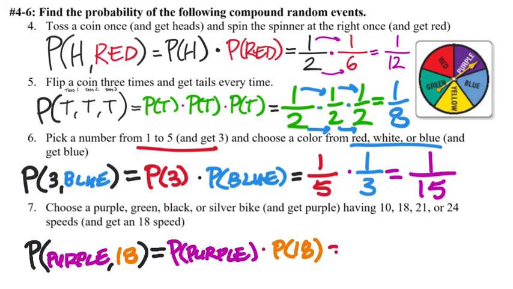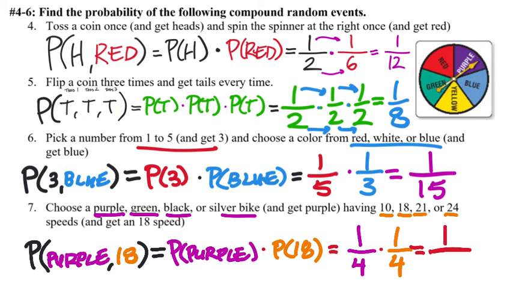And all we're going to do is multiply these together. That's it. Okay. So the probability of purple, again, as a fraction, purple is only one of the colors out of 1, 2, 3, 4 different colors on that one. So 1/4. And the probability of 18, 18 is one of those outcomes. How many is there? 1, 2, 3, 4 different speeds. And yeah, we just need to multiply these together. In the numerators, I'd have 1 times 1, which is 1.